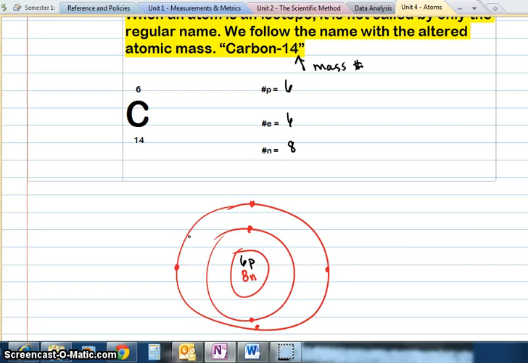On the test, I can't remember if we show isotopes with Bohr models or not. I don't think so. But again, when your neutrons are messed up, it's an isotope. If your electrons are messed up, it's an ion. And if everything's normal, how it normally is on the periodic table, then we call it an atom.